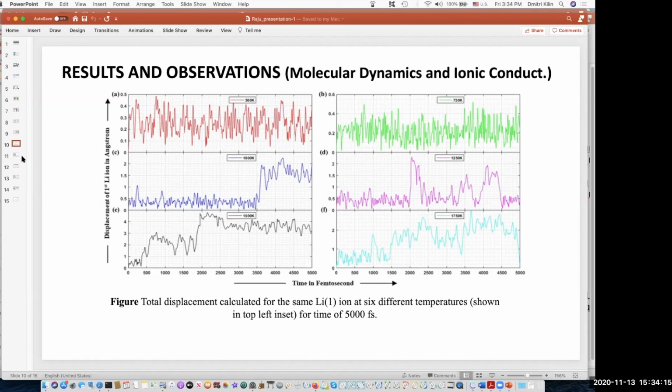If we further increase the temperature, we can see that the jumping time is decreasing. At 1000 Kelvin, it jumps at 3500, but at 1250 it jumps around 2000 femtoseconds.